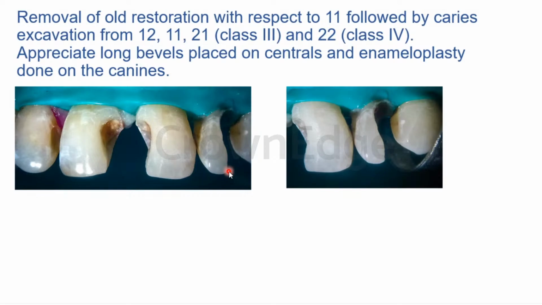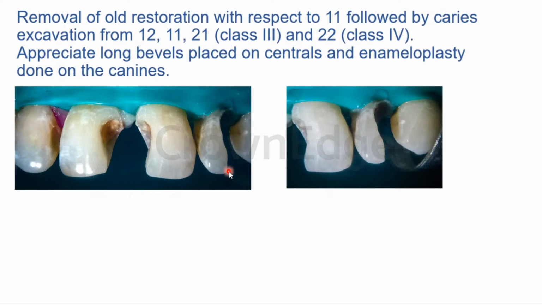Ellis classification, right? So in the Ellis trauma classification, you have class 1, class 2, class 3 fractures, in which class 1 would be just limited to enamel, and then class 2 would be extending up to dentine, and then in class 3 it would be pulpal involvement due to trauma. But in cases of, yeah, class 4 is non-vital, yeah. But in the GV Black classification, class 4 involves the incisal angle.